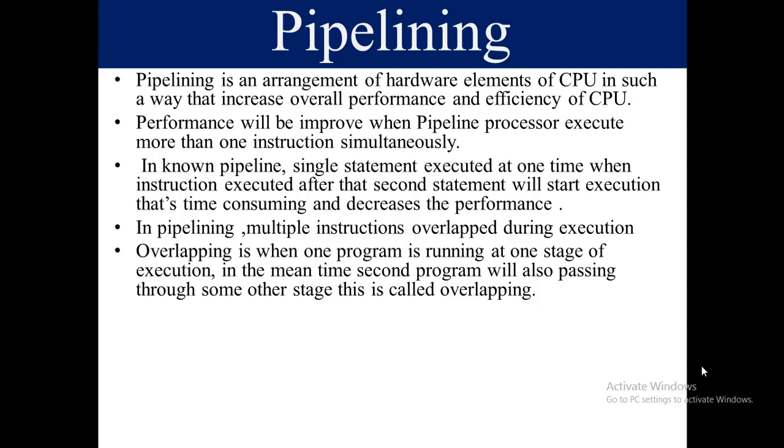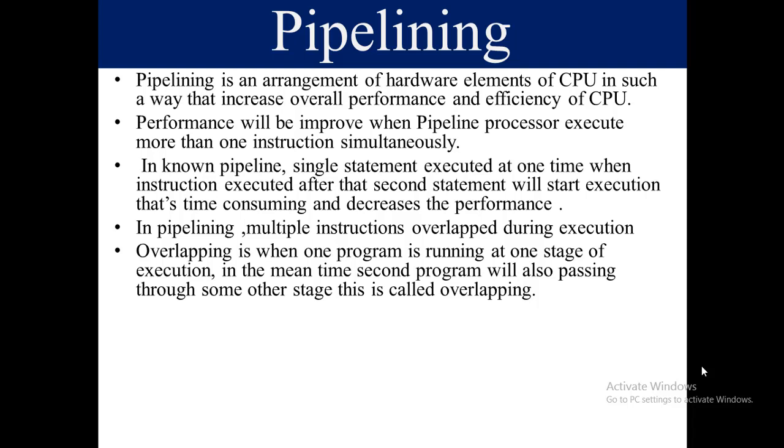So we were talking about overlapping. Overlapping is when one program is running at one stage of execution, and in the meantime a second program is passing through some other stage. This is called one instruction overlapping the second instruction, meaning they are both executing at the same time.